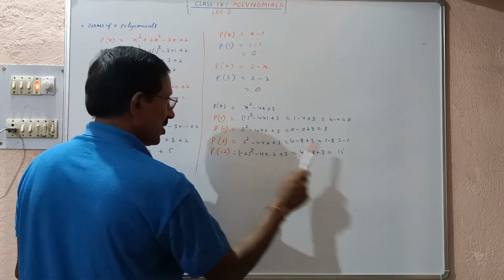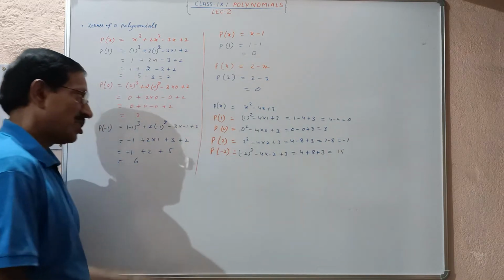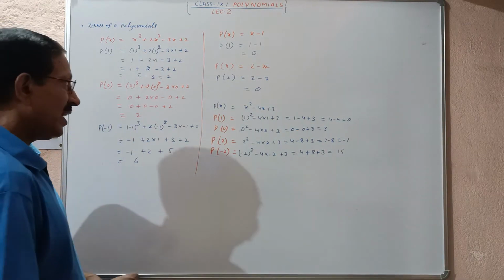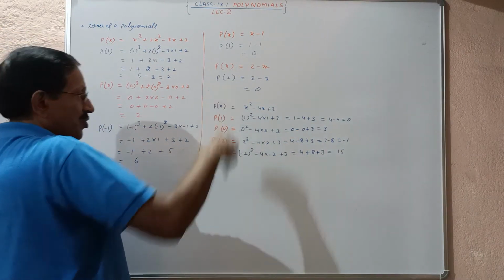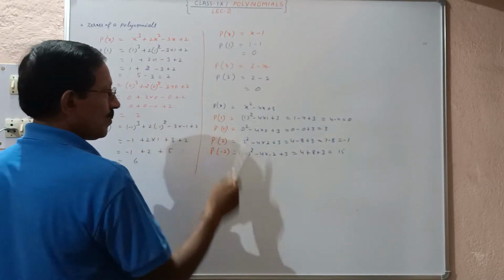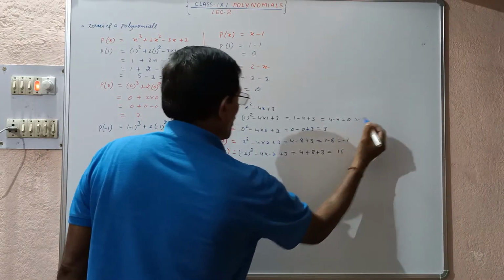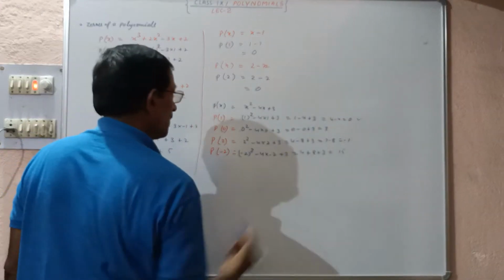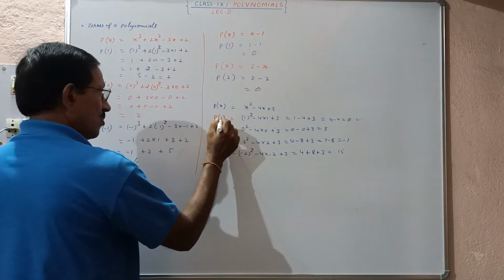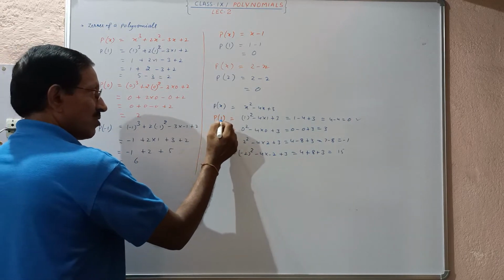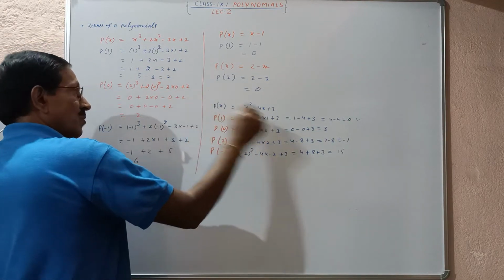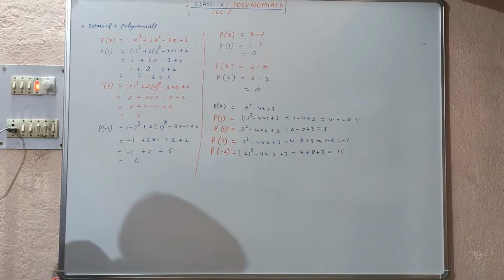The value of p(x) is 15 at x equal to minus 2. So at which value of x is the value of p(x) 0? The value of this polynomial p(x) is 0 at x equal to 1. So this x equal to 1 is known as the zero of this polynomial.